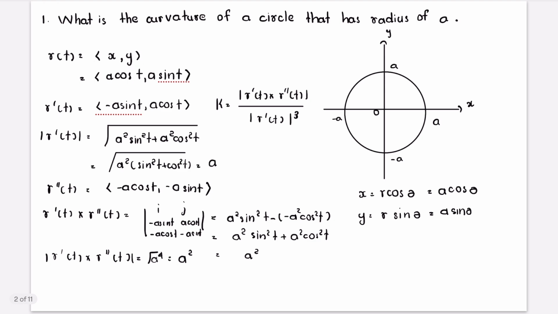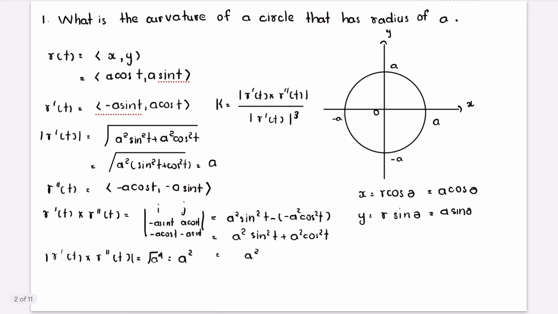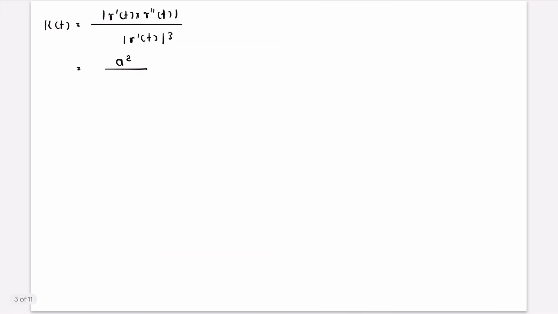So the answer is a square, and then it is a, and a square. So this is a cubed because of the 3 over 2 power. So the answer is this.